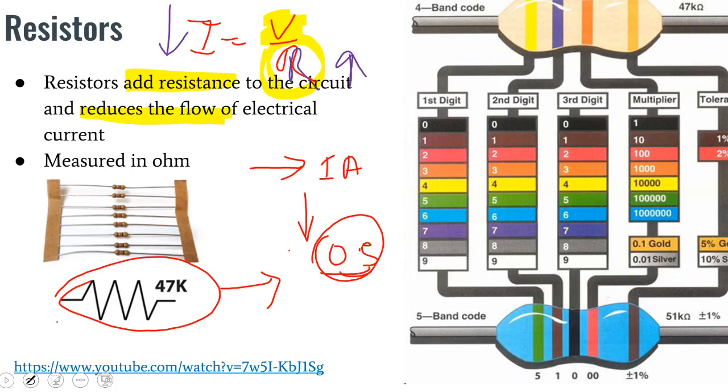So that is the basic idea of why we would want to use resistors. The main reason is to reduce the current flow through a circuit.